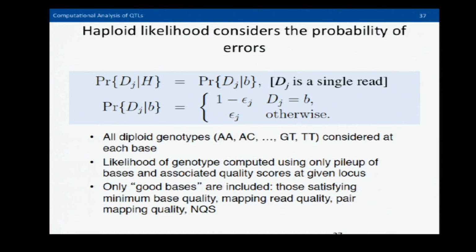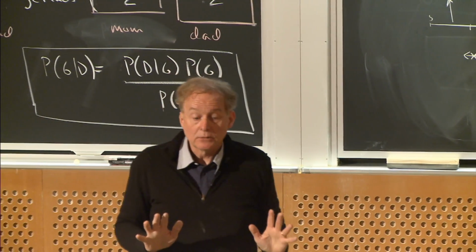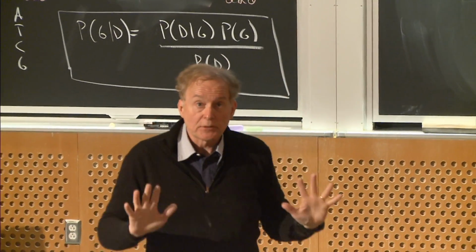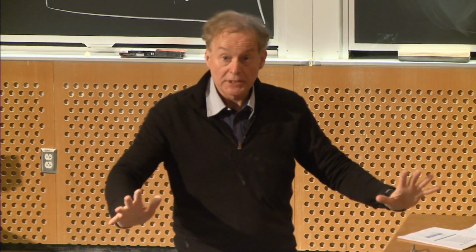So if the machine says this is an A and I think it's an A, then the probability that that's correct is 1 minus the error of the machine. If the two are not in agreement, it's simply the error of the machine that I'm using. This allows me to give a posterior probability of a genotype given a whole bunch of reads.